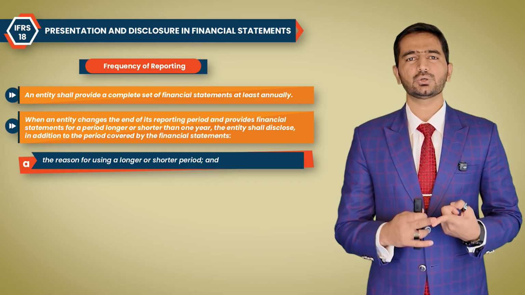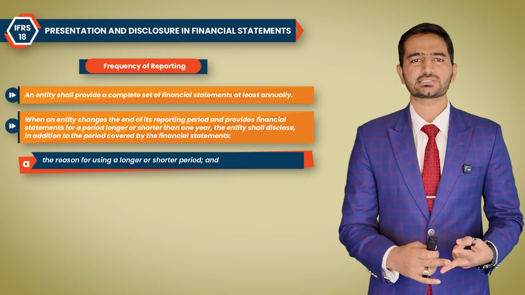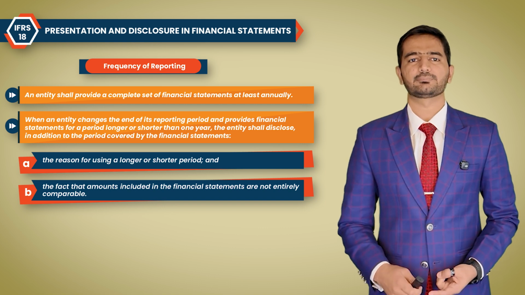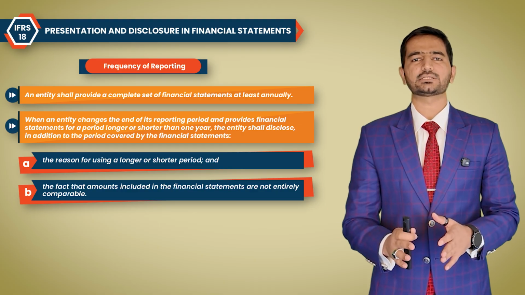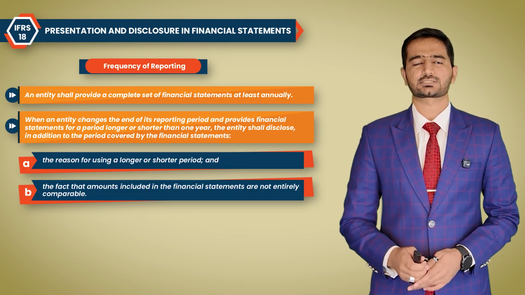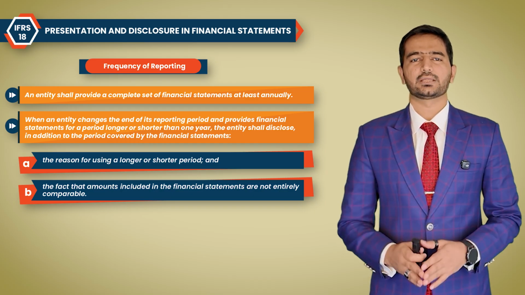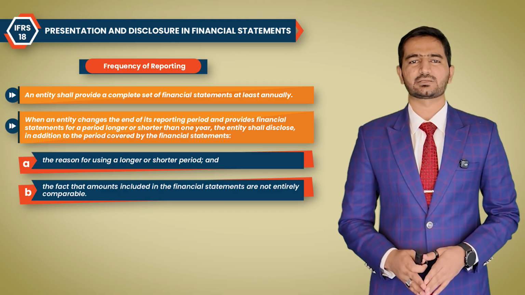One is why you are using a non-standard reporting period, and the second is a clear statement that the amounts presented may not be fully comparable. This ensures that users can make informed comparisons and understand the context. Are we clear on that, my friends? Great.